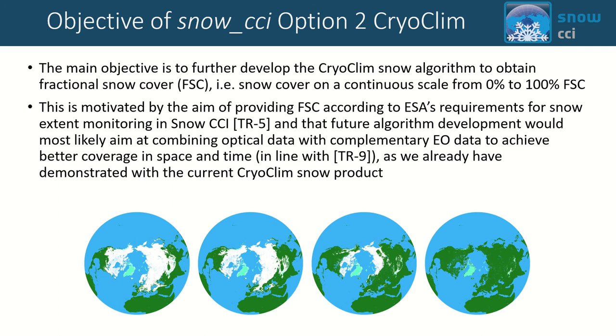The objective of the option project to Snow CCI is to transfer from the binary variable to a fractional snow cover variable to estimate the snow cover on a 1% level of precision.